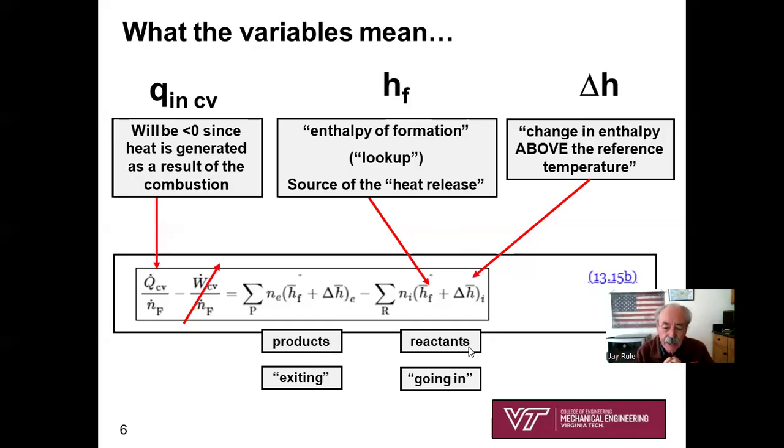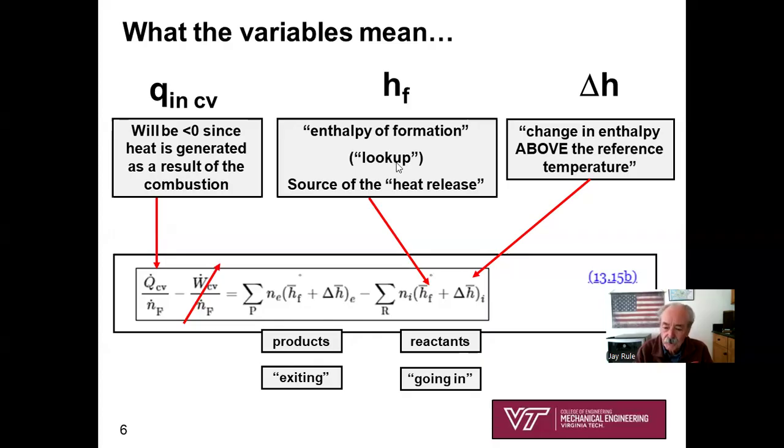So this enthalpy of formation is going to be the source of the heat release, of the amount of heat released as a function of the chemical reaction. So we're not just combining constituents like we did with mixtures. When we combine those constituents, we're getting a chemical molecular reaction.